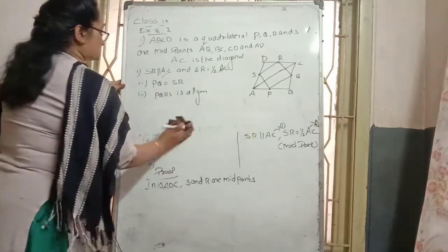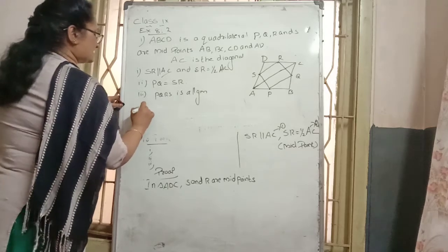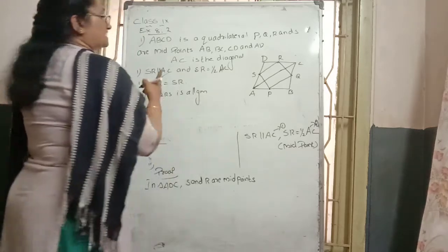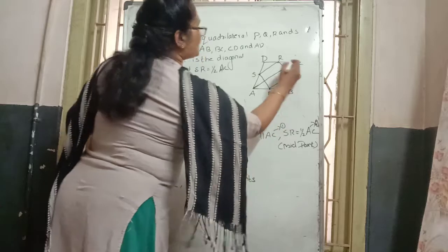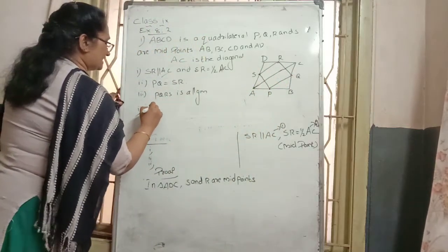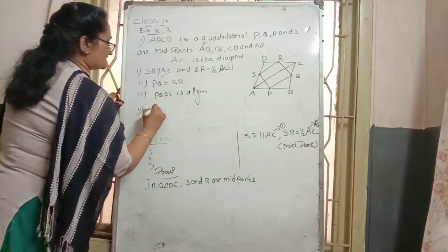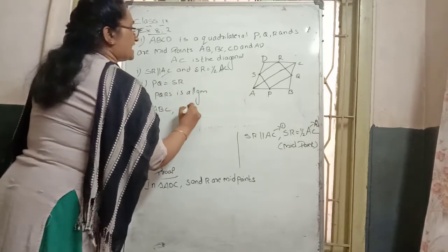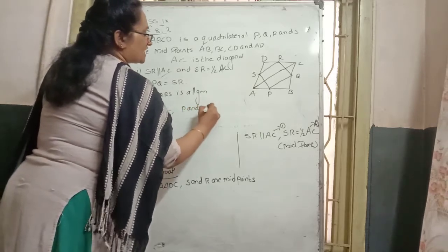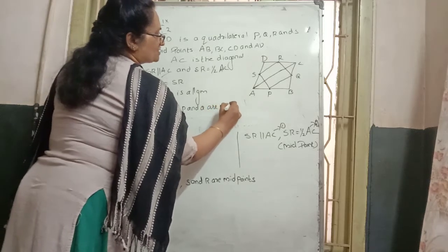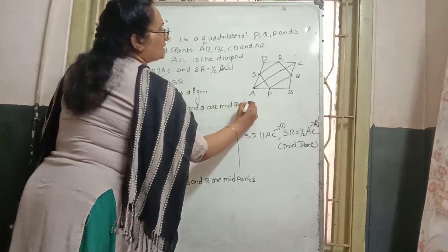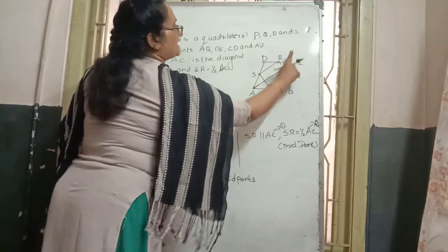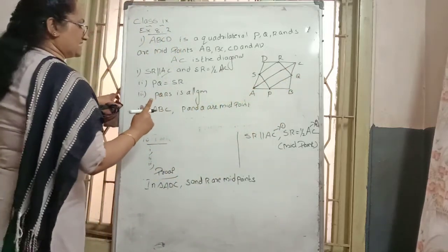Then the second part of the proof is that PQ and SR are equal. How to prove that? For the second case, we take triangle ABC. Similarly, considering triangle ABC, P and Q are the midpoints of which sides? They are the midpoints of the AB side and the CB side.